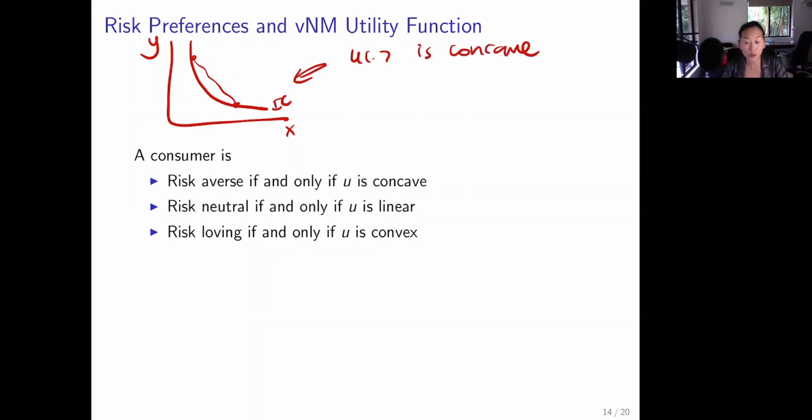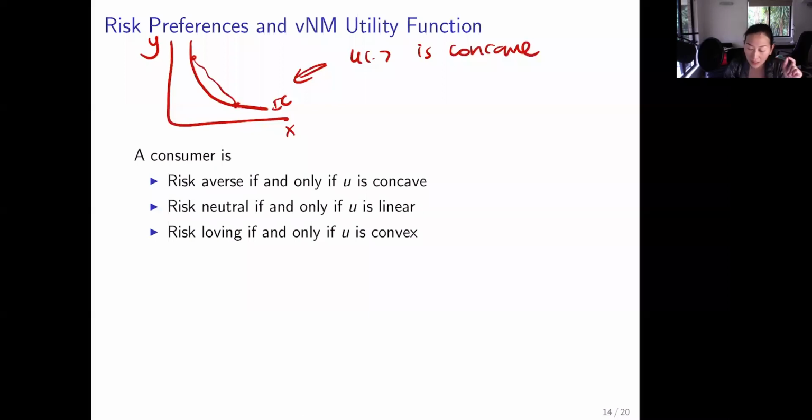There is a proof showing that when the utility function is concave, your preference is convex, but we're not going to show that. Note that your utility has to be continuous. If you don't have a continuous utility function, then you cannot say that it's concave.